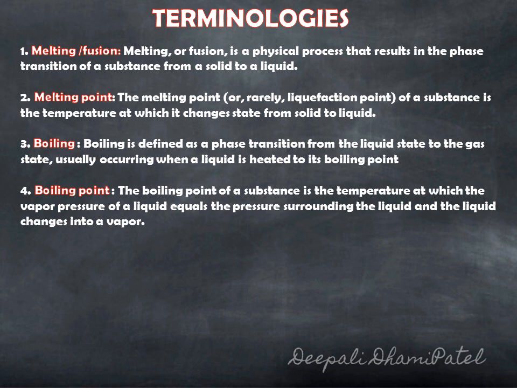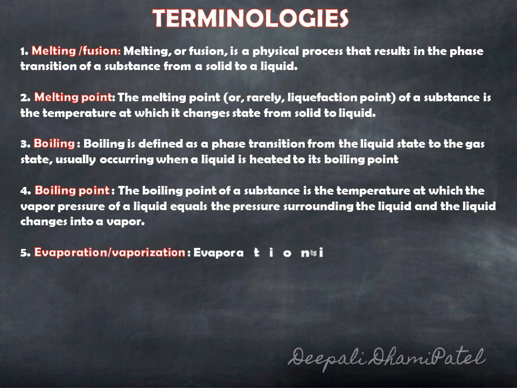In simple words, you can remember it as the temperature at which a substance gets converted into gaseous form from liquid substance is called boiling point. And like the melting point, it is unique for each substance.